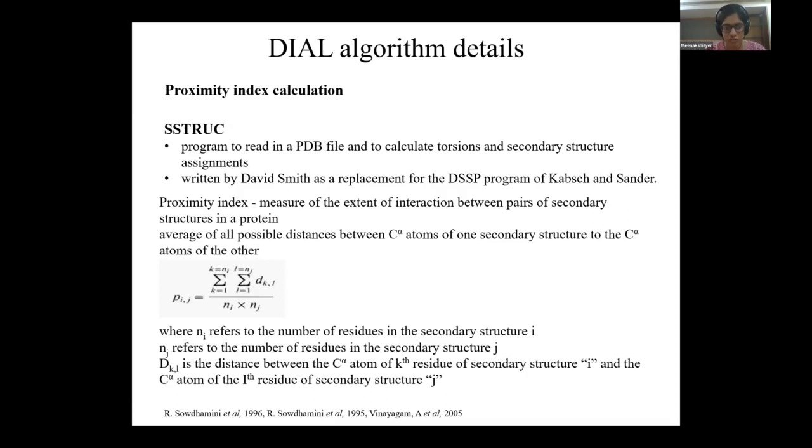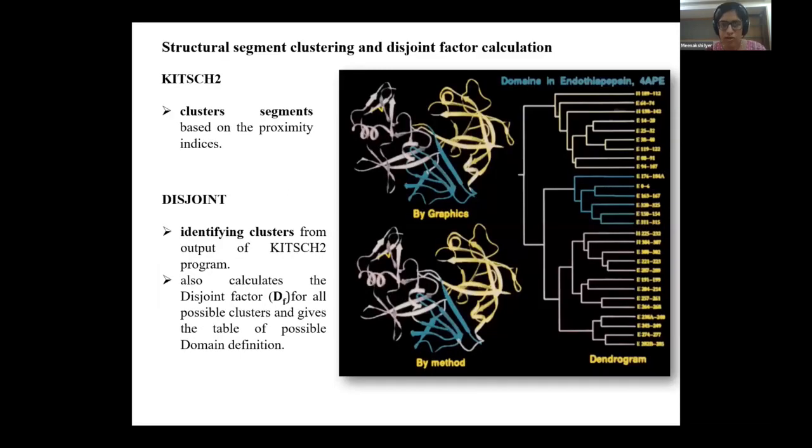Following which, we use another algorithm called the Kish algorithm. This algorithm will cluster all the segments of secondary structures based on the proximity indices, which is basically based on the distances between the C alpha atoms in one secondary structure to the other secondary structure. Then following the use of the Kish algorithm, we use the DISJOINT algorithm. This DISJOINT algorithm will identify clusters from the output of the Kish program.